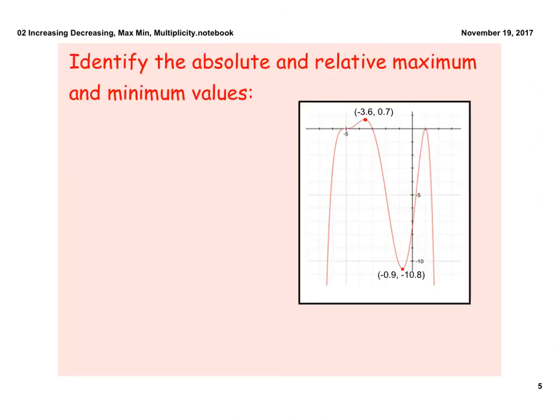So let's actually do one here. Identify the absolute and relative maximum and minimum values. Well, it feels like it's in one of the spots. Is that a max or a min? It's a max. Is it an absolute max or a relative max? Absolute max. Is it also a relative max? Also a local max? Yes, it's all of those things. How about this one? Not quite as high.